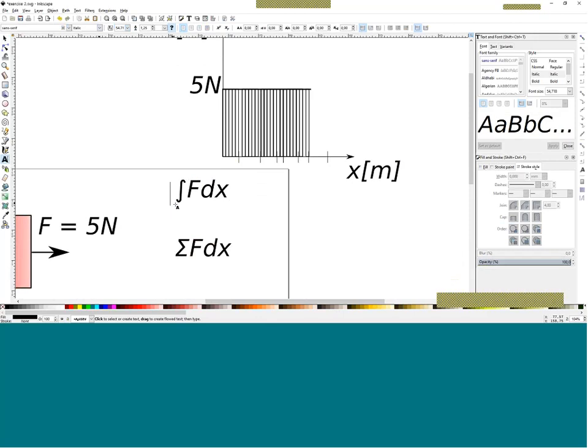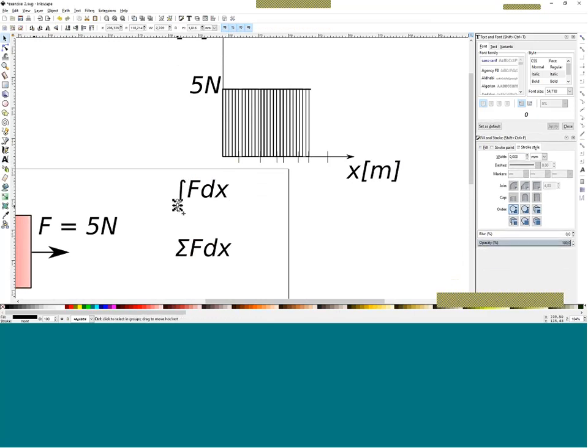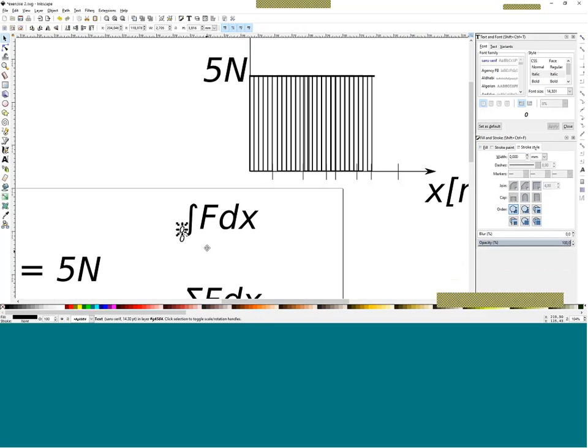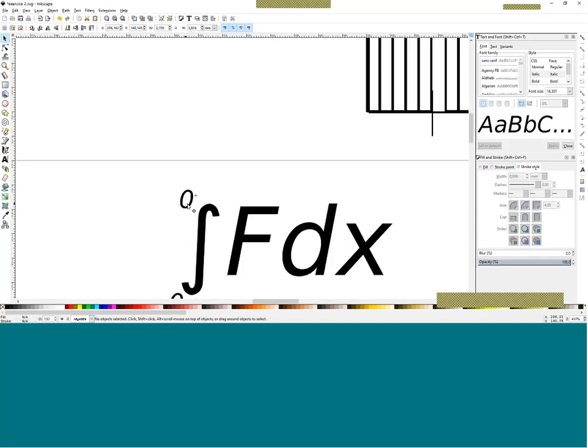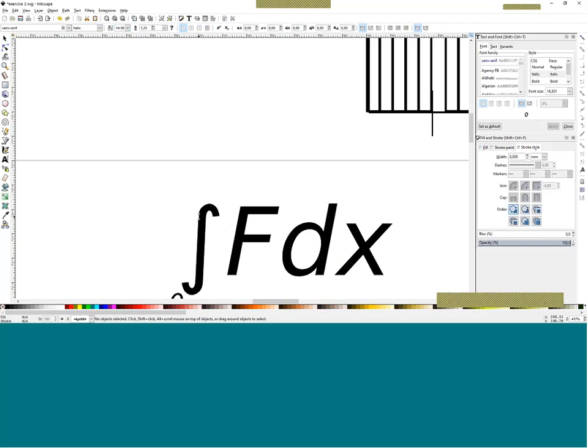So if we were to write an integral, okay, nobody's saying anything, then I would write something like from the distance 0 to distance 1. Not 1, let's say 5 meters.